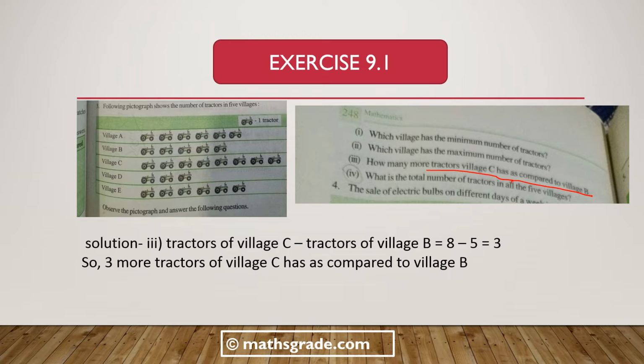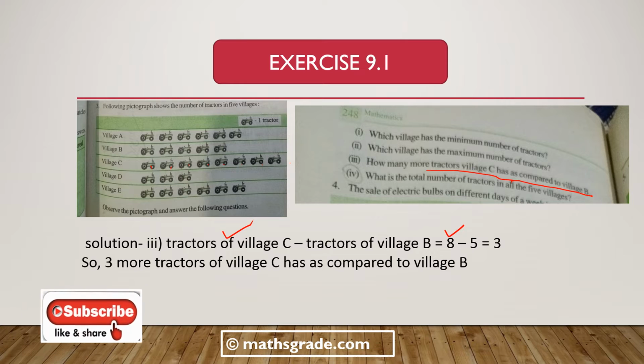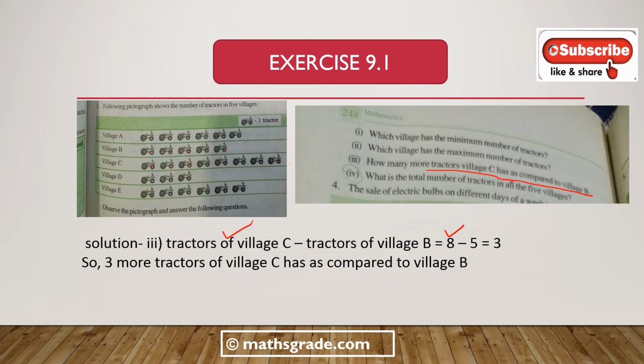Number of tractors in village C is 1, 2, 3, 4, 5, 6, 7, 8. So the number of tractors in village C is 8. Number of tractors in village B is 1, 2, 3, 4, 5. So the number of tractors in village B is 5.